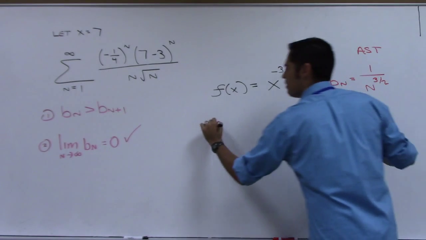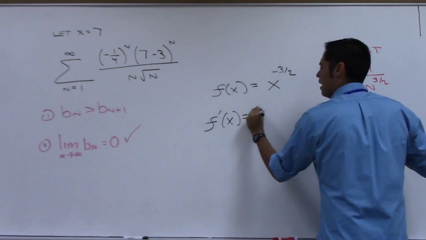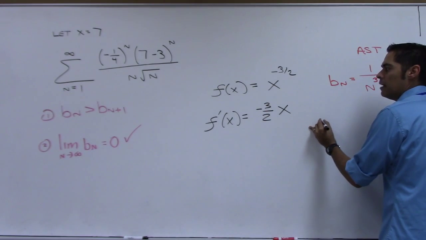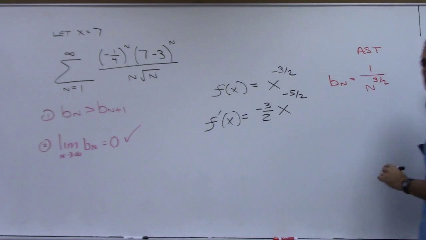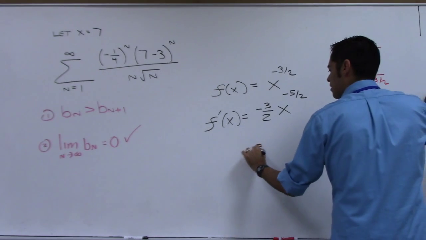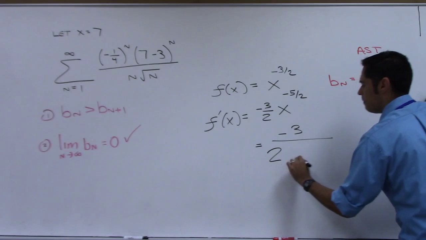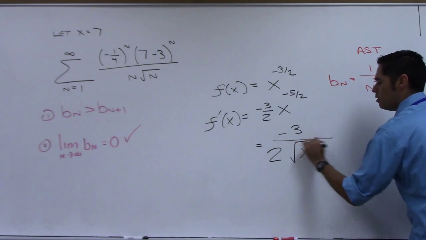If I take the derivative quickly, because I have 2 minutes, I get negative 3 halves x to the, derivative, not antiderivative, negative 5 halves. Yes? And this is really negative 3 over 2x to the 5th square root.